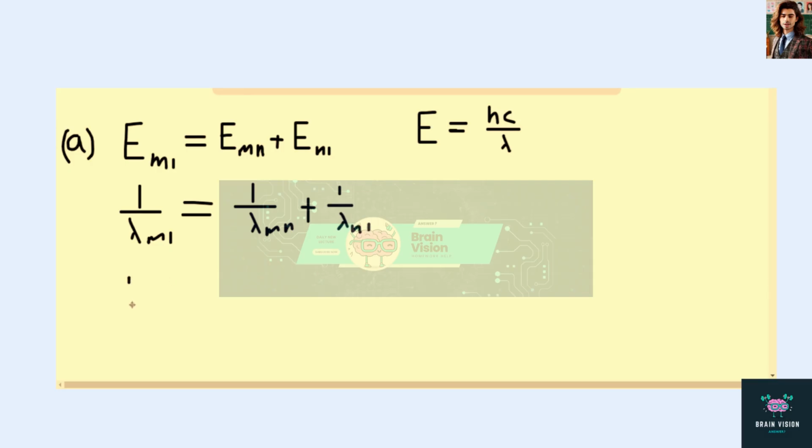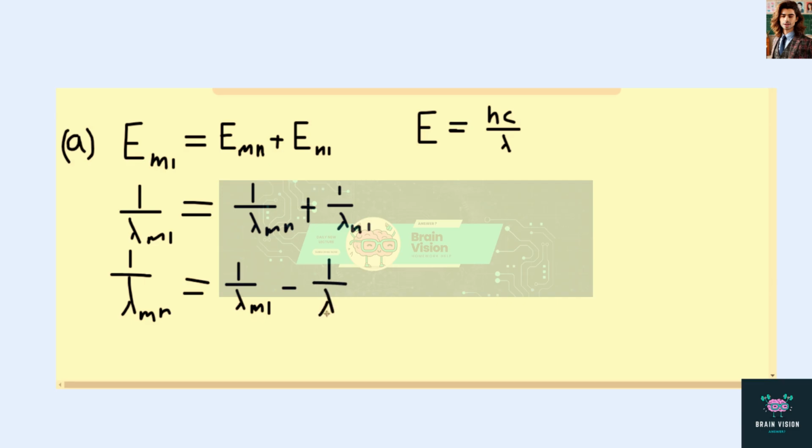So what we have here is 1 over lambda mn is equal to 1 over lambda m1 minus 1 over lambda n1.